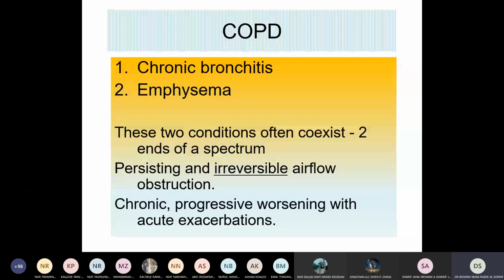So I'm not going into the physiology, but I will concentrate on the pathology part. So what is COPD? COPD usually is two conditions linked together, which we call chronic bronchitis and emphysema.